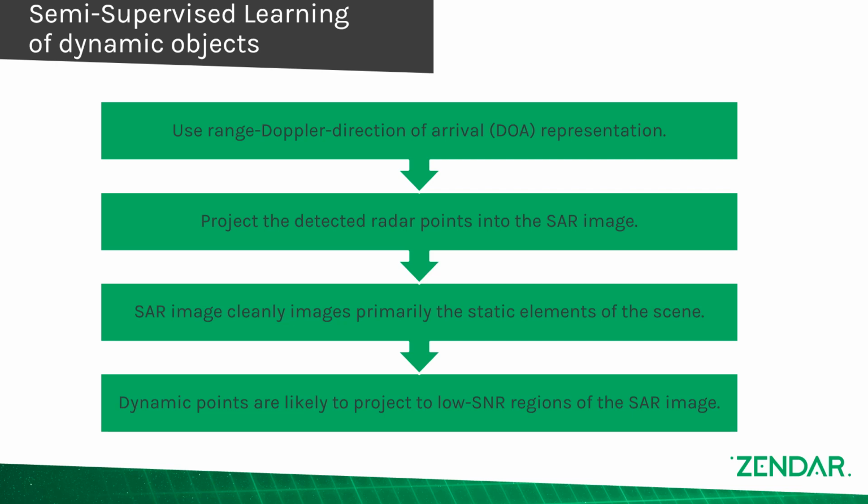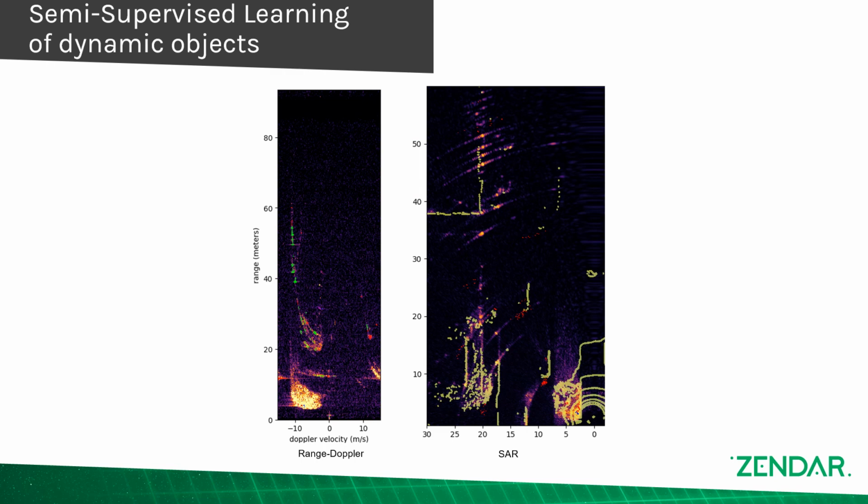We assume that the SAR image cleanly images the static elements of the scene. Therefore, dynamic points are likely to be projected to the lowest SNR regions of the SAR image. Left image is the range Doppler map. Colored points on top of this map are detected points. Red refers to dynamic objects, and green points are coming from the stationary objects.